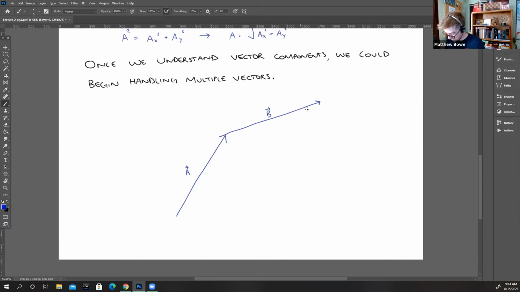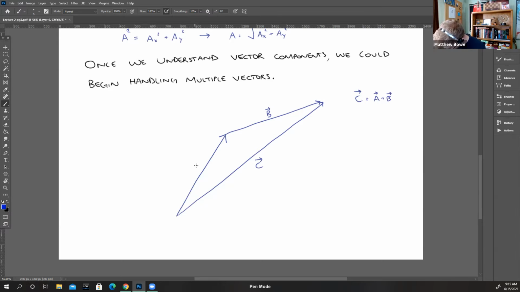So it's going to be the one that goes from here all the way up here as vector C. How can we actually figure out any of these values? Well, we just take it piece by piece. So vector C, we know that vector C is made of adding vector A and vector B.